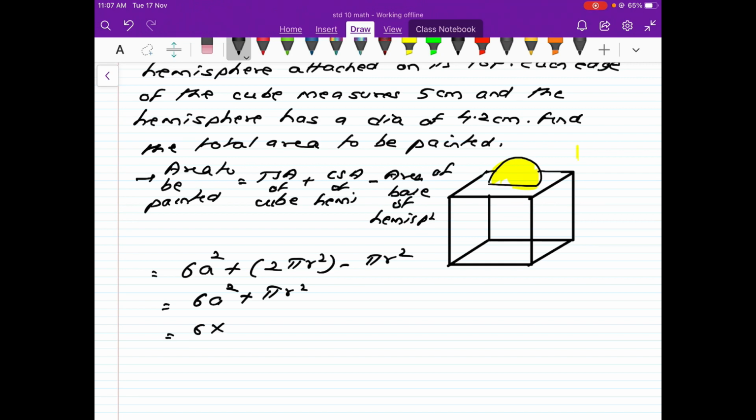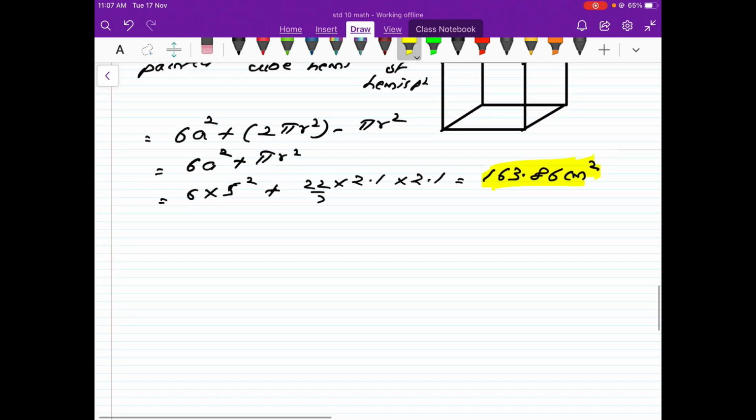So 6 into, the side is 5, so 5 square, plus 22 by 7 into 2.1 into 2.1. So we are getting 163.86 centimeter square. That is the net area which has to be painted, because we will not be painting on the base of the hemisphere.